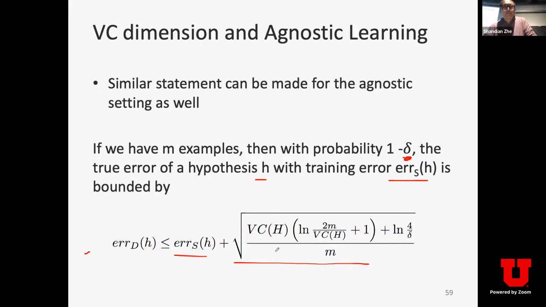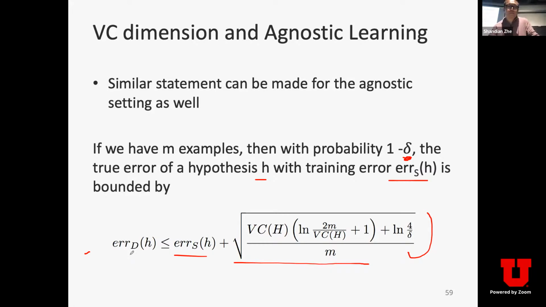So you can see that the larger the number of training examples, the smaller the right term on the bound. That means the closer your true error is to the training error.